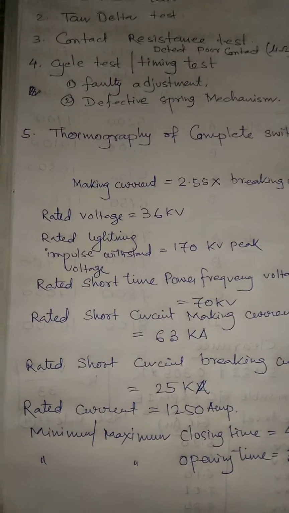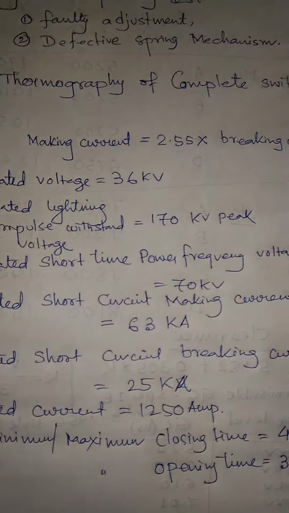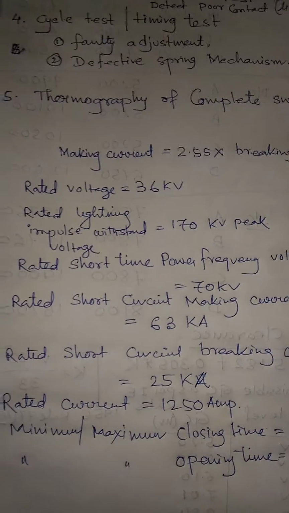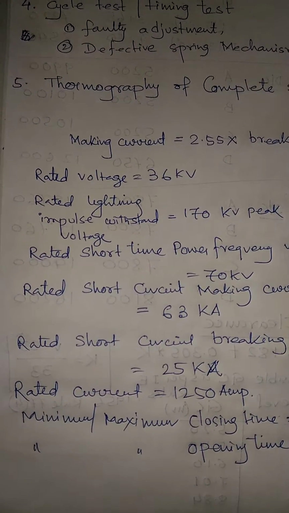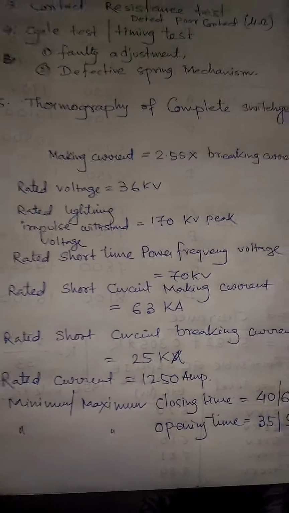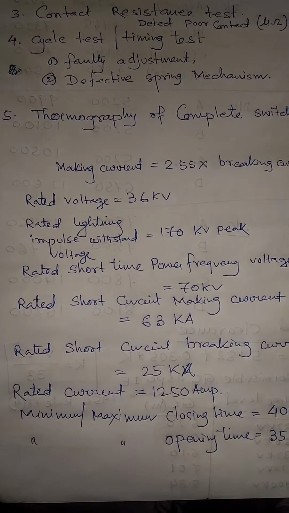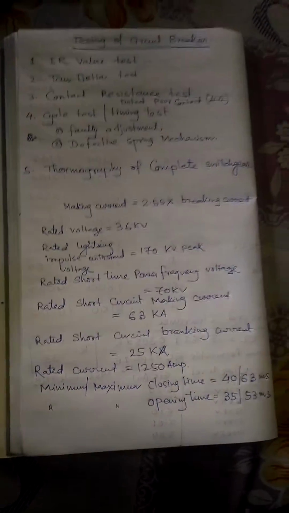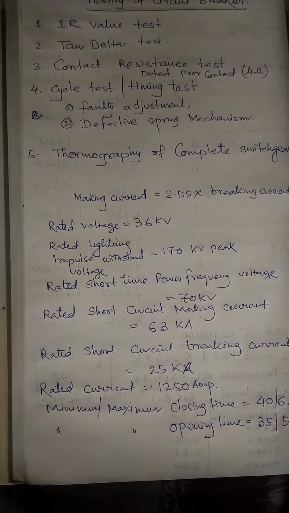So let's start discussing some nameplate ratings. From this nameplate rating you will get a clear idea about breaker testing. Here we have considered the rated voltage of the breaker as 36 kV.